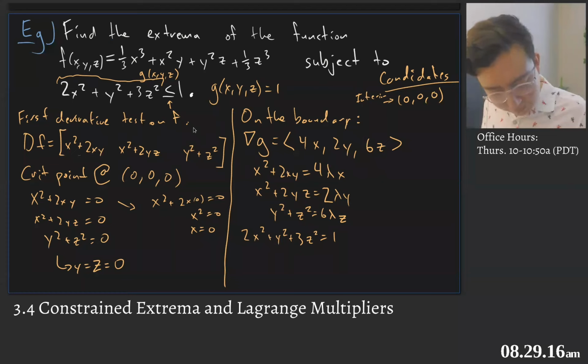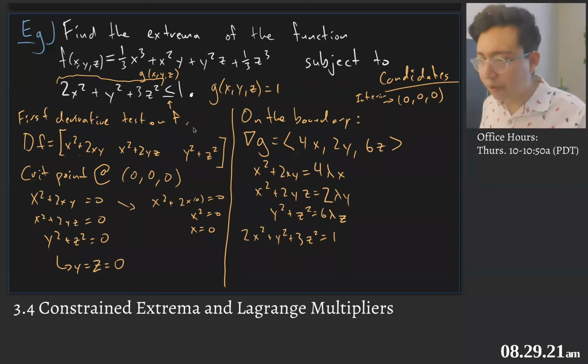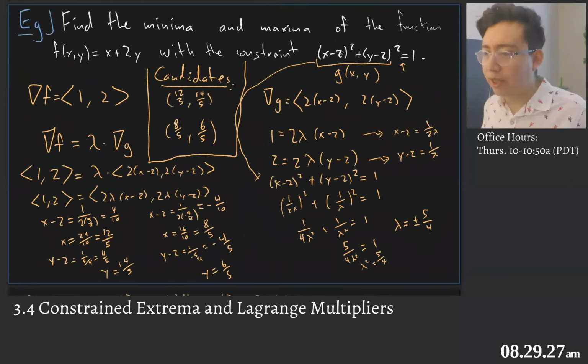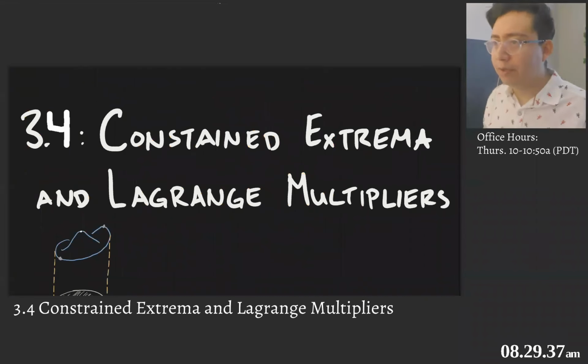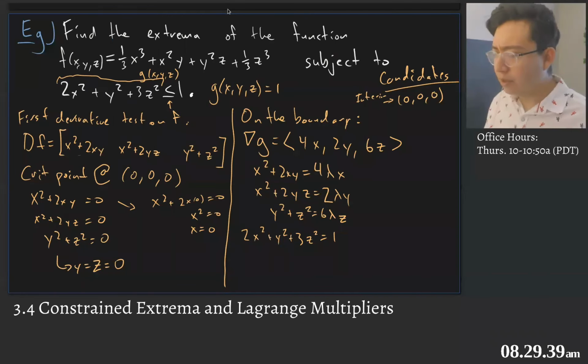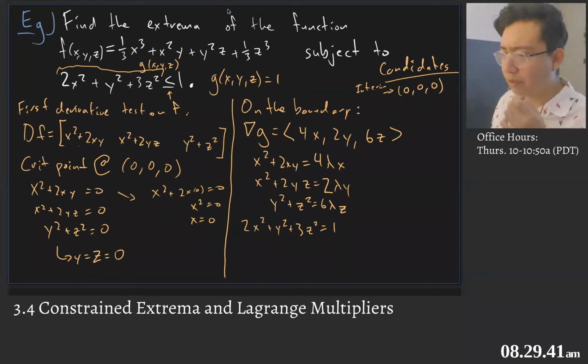Yeah, so definitely the hardest part of these problems is going to be this step here where you're solving for the candidates using the Lagrange multipliers. As we saw in the first example I did, that was a relatively easy one, and even that took several steps. This one looks like it's going to be even a little more involved. I'm going to need a little more space, so I'll make another page.